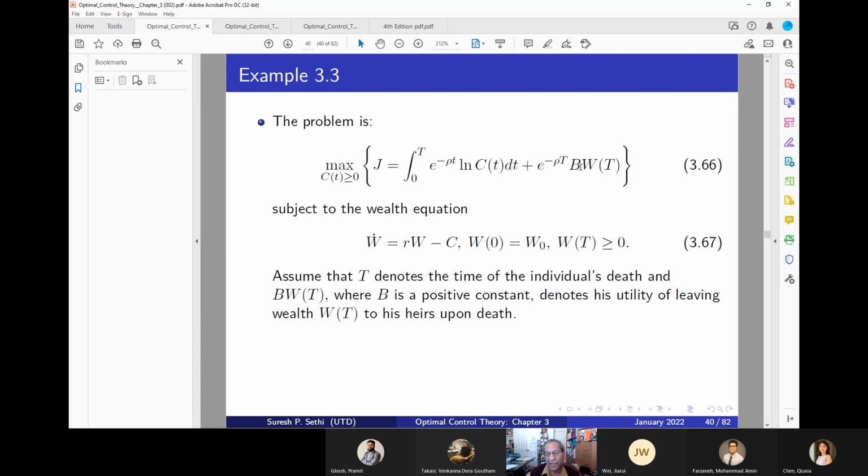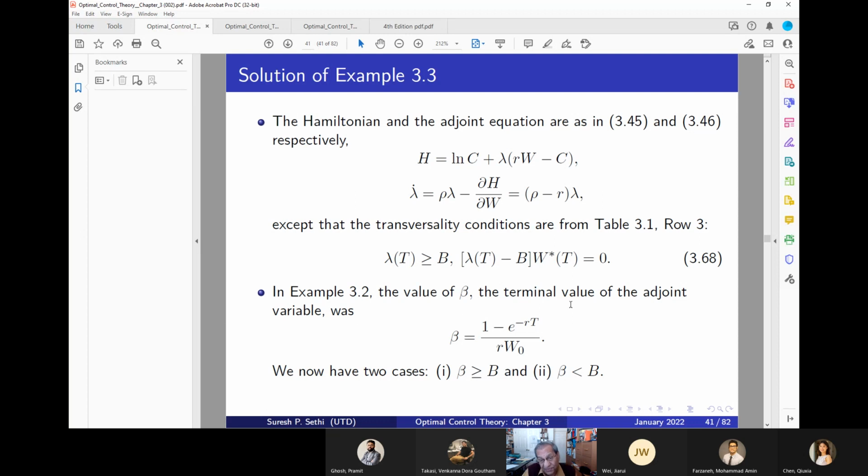If the b is sufficiently small, clearly 0. Suppose b is 0, the wealth will certainly be 0, because why would you want to leave anything? That's our previous problem. Okay? But if b is small, maybe not 0, but a little bit closer to 0, you might still leave the wealth at 0. We don't know that, but there's a threshold value of b at which the wealth would be 0. And now notice that this condition actually gives us the threshold value.